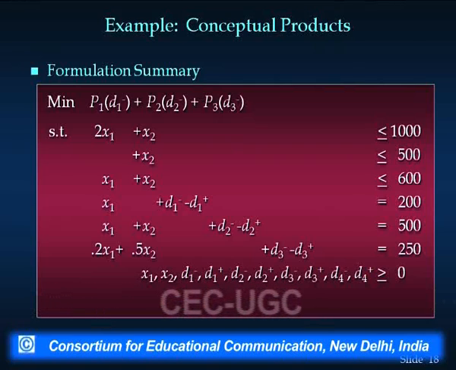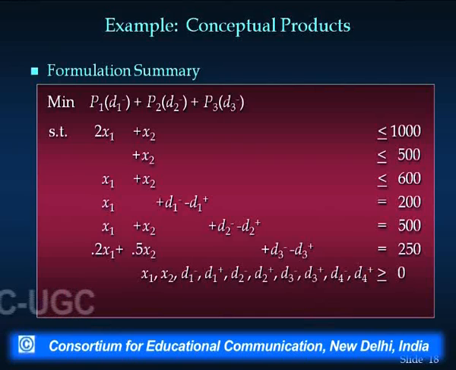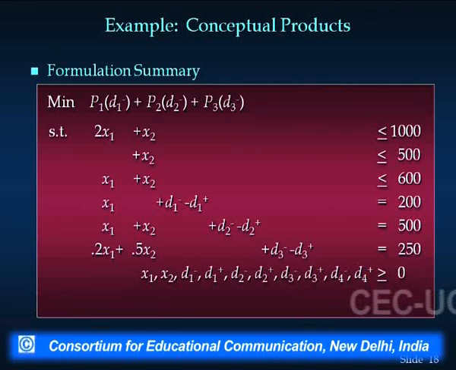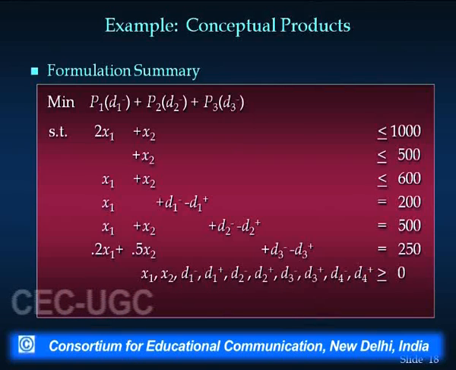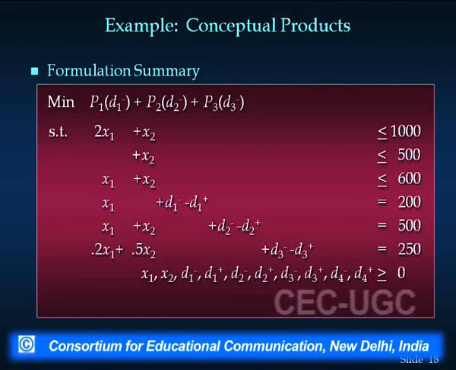Of course, we will add to this the non-negativity constraint: x1, x2, d1 minus d1 plus, d2 minus d2 plus, d3 minus d3 plus, all these values greater than or equal to 0, and this completes our formulation of the problem.